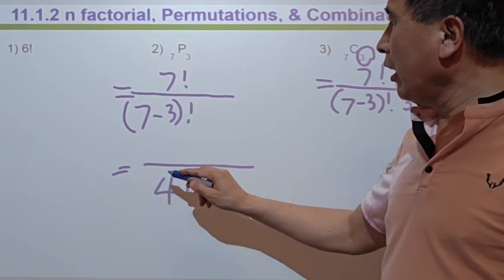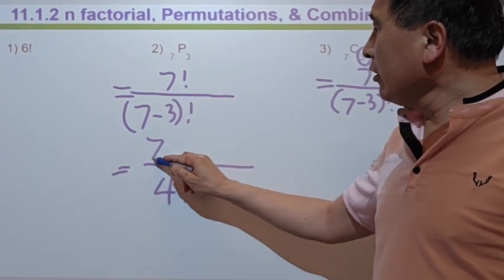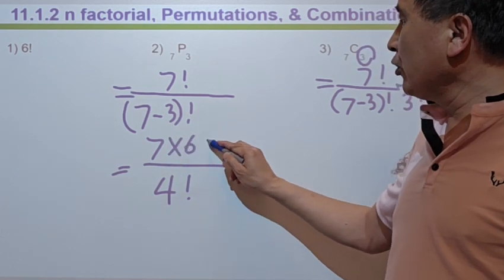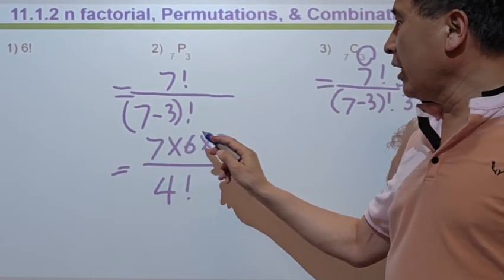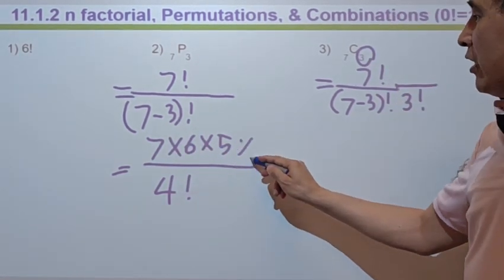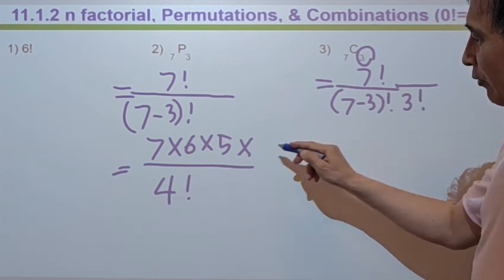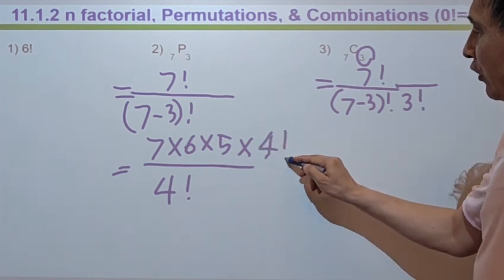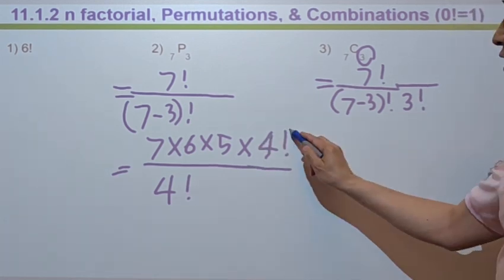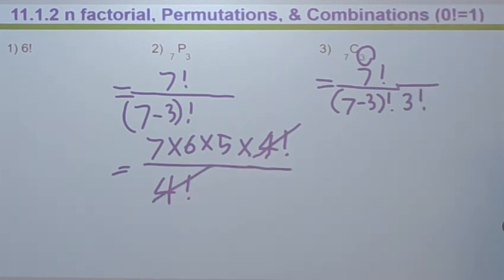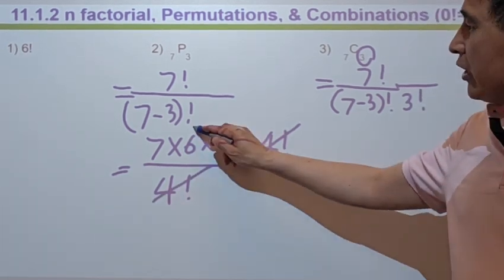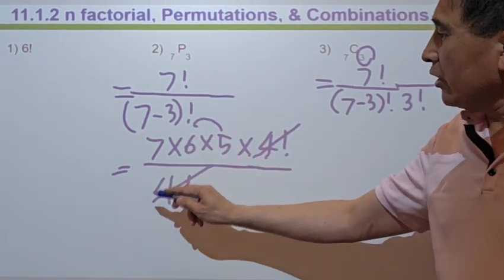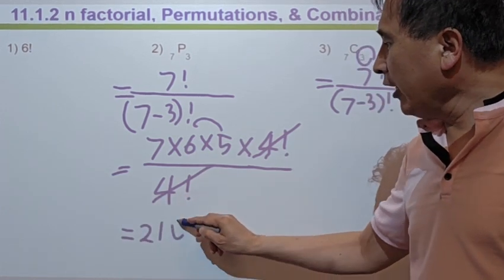Let's write 7 factorial as 7 times 6 times 5 times 4, and you can keep writing, but that's a 4 factorial, the same thing, so you can cancel it out. So that one is 7 times 6 times 5, which is 210.